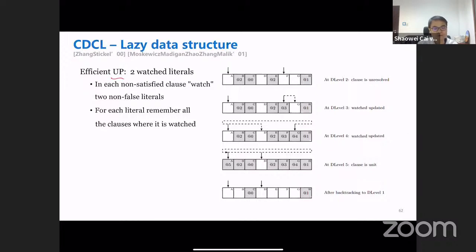In about 2000 and 2001, a technique called watched literals was applied to CDCL. In this technique, for each non-satisfied clause, we pick two non-false literals to watch it.